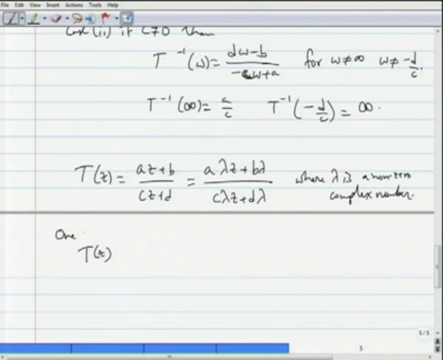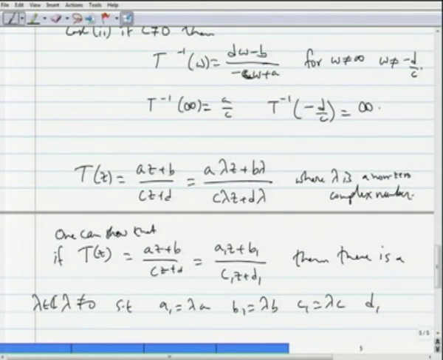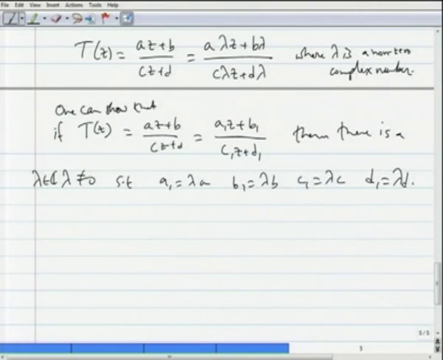One can show that if T of z is (Az plus b) divided by (Cz plus d) is (A1 z plus b1) divided by (C1 z plus d1), so, if you can specify a Mobius transformation in two different ways, notice here we have Ad minus BC is non-zero, and so is A1 d1 minus B1 C1, then there is a lambda, lambda not equal to 0, lambda belongs to C, such that A1 is equal to lambda A, B1 is equal to lambda B, C1 is equal to lambda C, and D1 is equal to lambda D. So, one can try that as an exercise. So, the specification of T in this form is not unique.